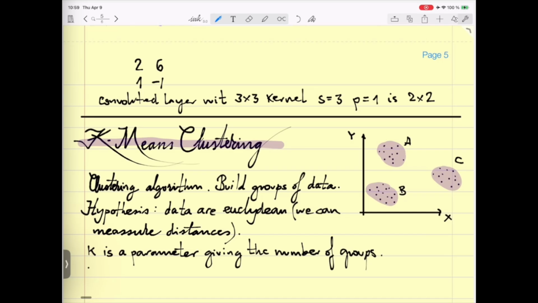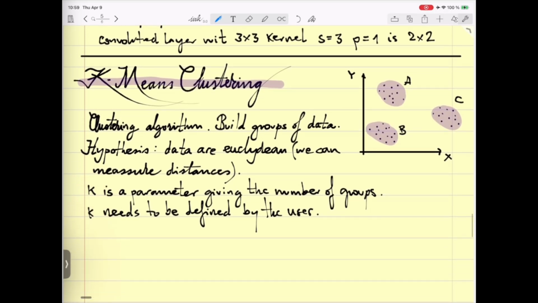And K needs to be defined by the user. Actually, this is a weakness of the methodology. A strong point is that this algorithm is fast and efficient. Okay.